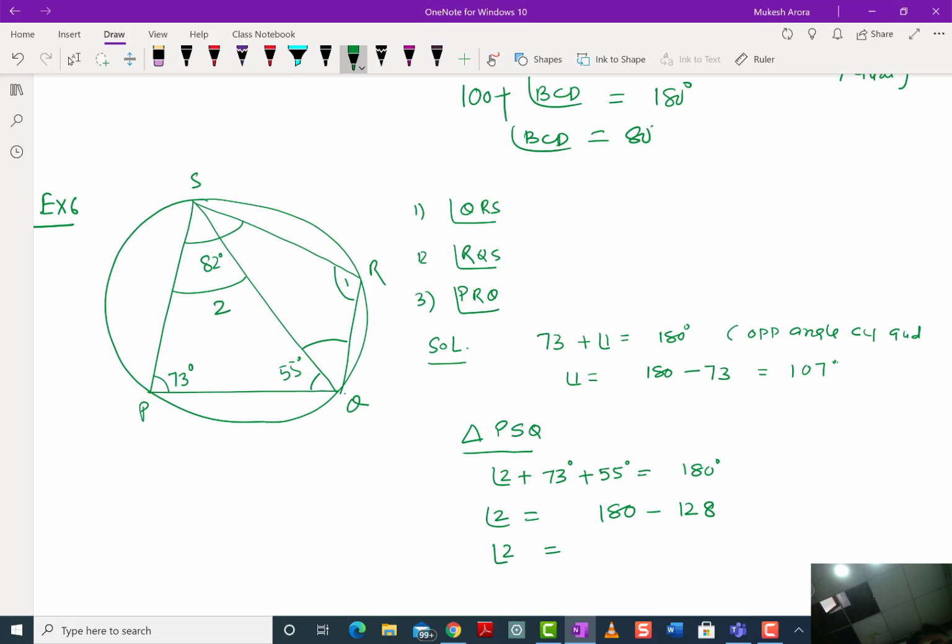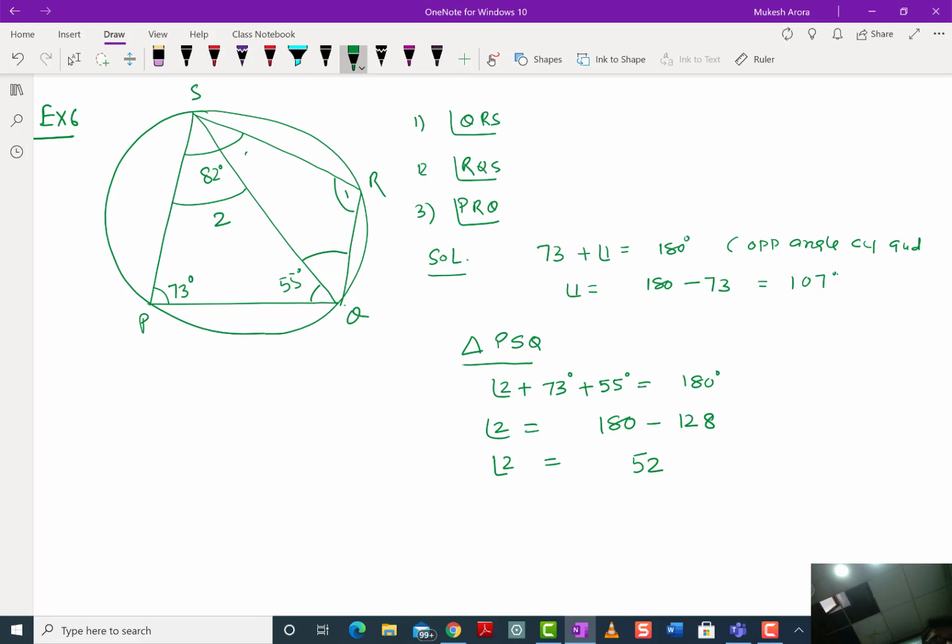Angle 2 is equal to 52. Angle 2 plus angle 3 is equal to 82. So 52 plus angle 3 is equal to 82. Therefore angle 3 is equal to 30 degrees.